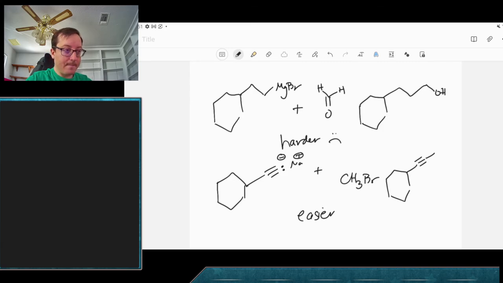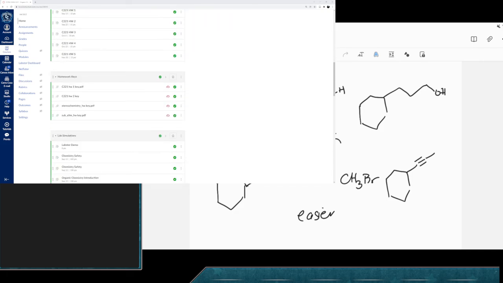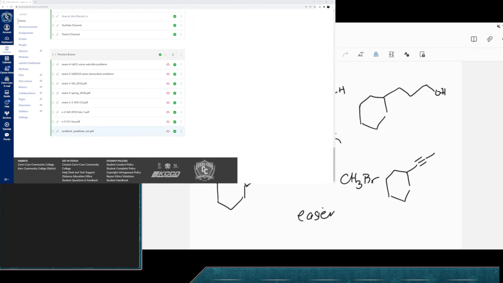And as I've put on Canvas a bunch of this stuff, let's take a look. If we go to Canvas real quick, the synthetic problem set is under our practice here.